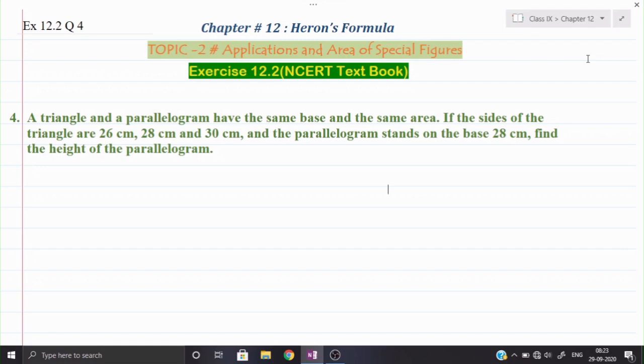So we are leaving question number 1, 2 and question number 9. There are a total of 9 questions in 12.2, so 1, 2 and 9 we are leaving, as they will not be a part of your syllabus according to the reduced syllabus. Question number 3 I am also leaving right now, but I will cover it at the last if possible, because I need to see whether the area of a quadrilateral is found with the help of Heron's formula.